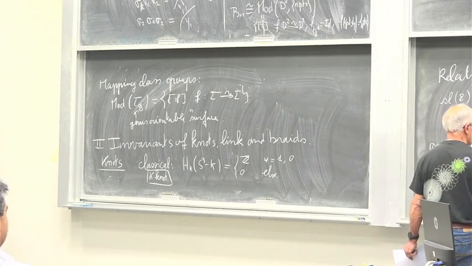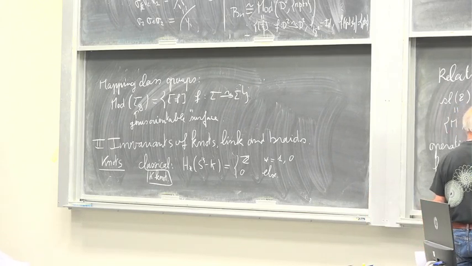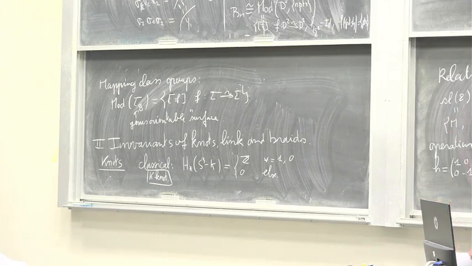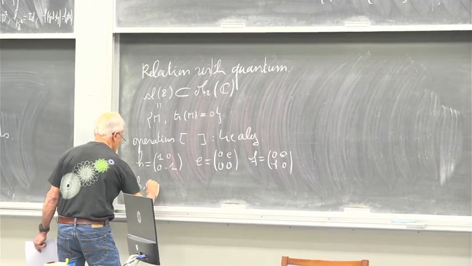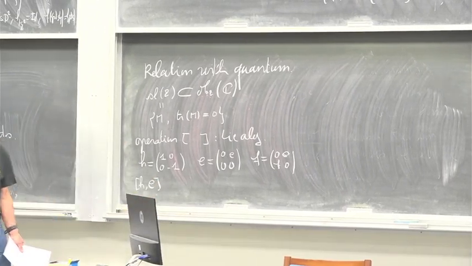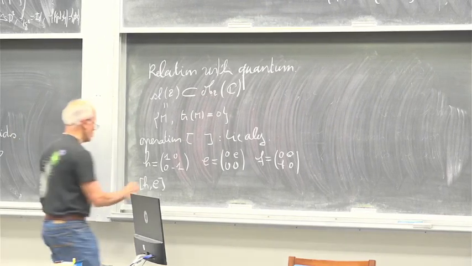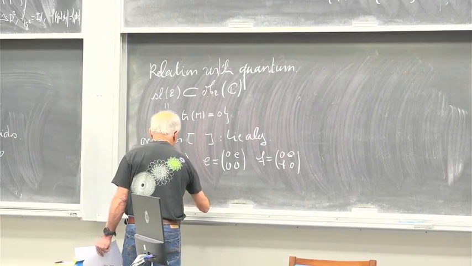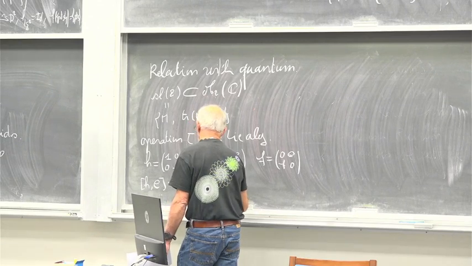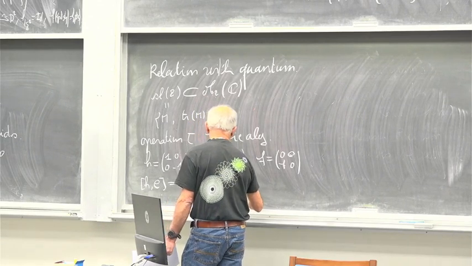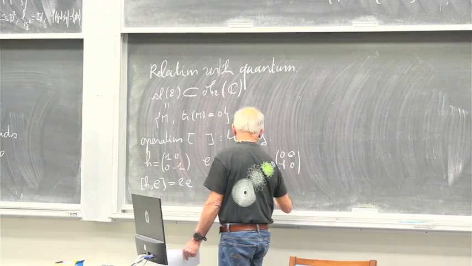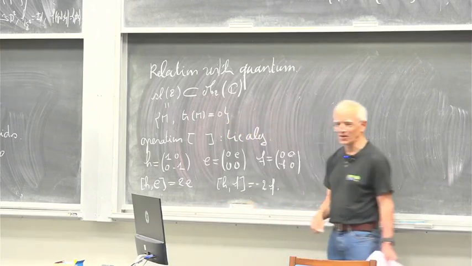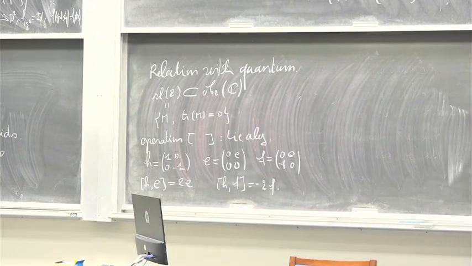You have E, you have F, and it's well known that you get generators, and the presentation is obtained with these relations. You can check. This is a computation for a first-year student.